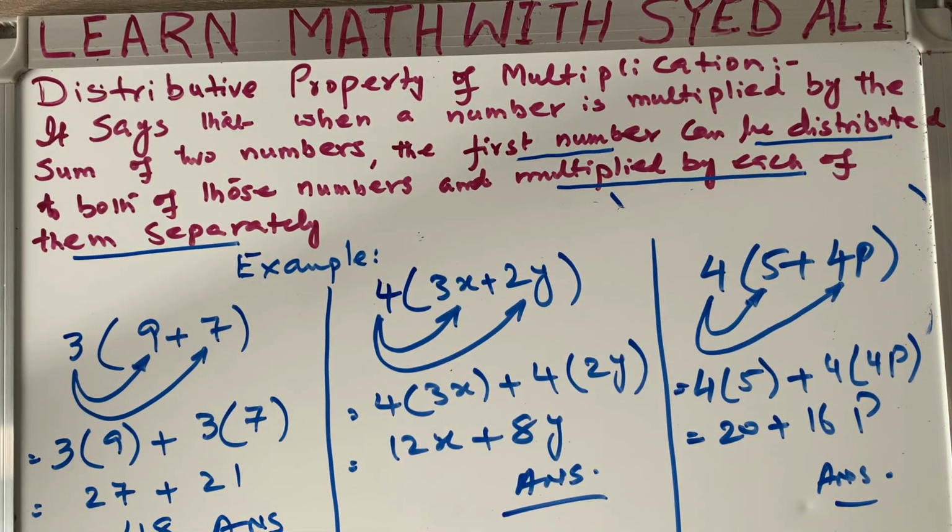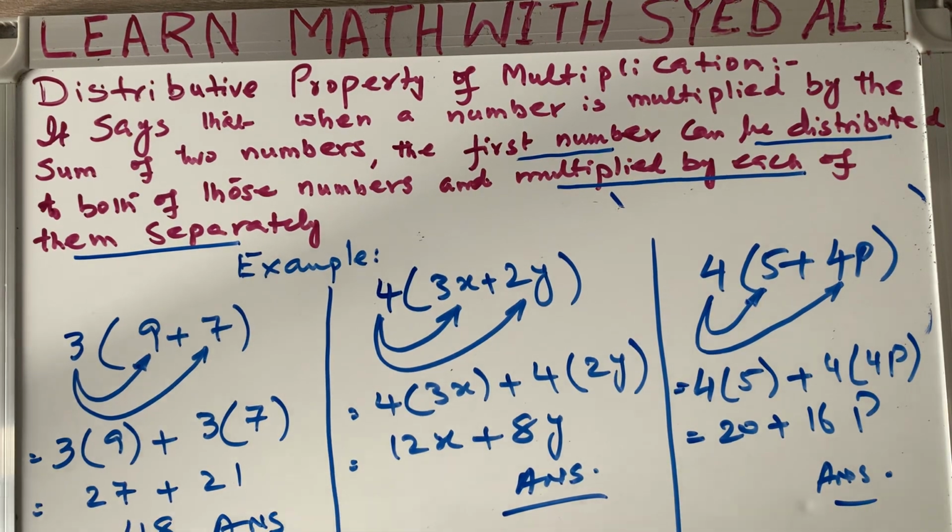We will do some more practice of this property, and this property will continue within algebra and within mathematics everywhere. In which grade doesn't matter, but you need to understand this property now. The distributive property of multiplication says that when a number is multiplied by the sum of two numbers, the first number can be distributed to both of the numbers and multiplied by each of them separately.